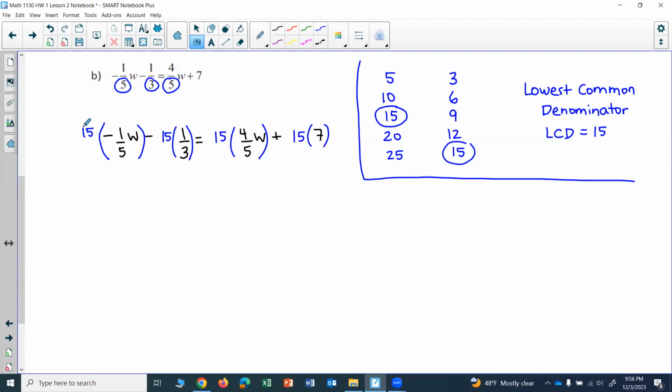So I can go ahead and cancel with the denominator. And so I would say 15 over 5 is 3. On the next one, I have a 15, and then in the denominator, I have a 3, and 15 over 3 is 5.